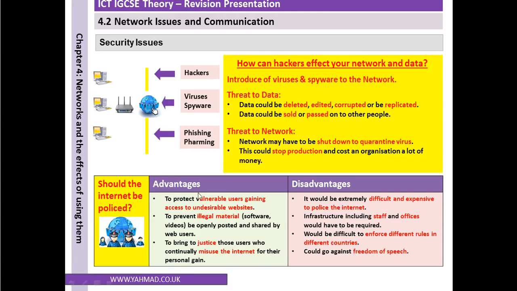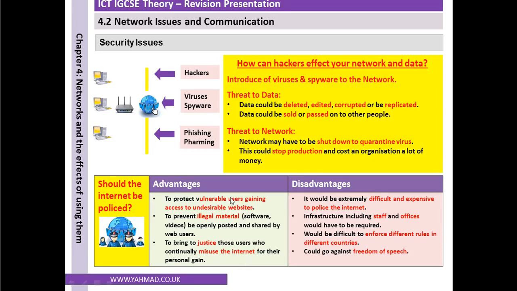The advantage of policing the internet is to protect vulnerable users from gaining access to undesirable websites, to prevent illegal material, software and videos being posted and shared by web users, and to bring justice to those who are continually misusing the internet for their personal gain.